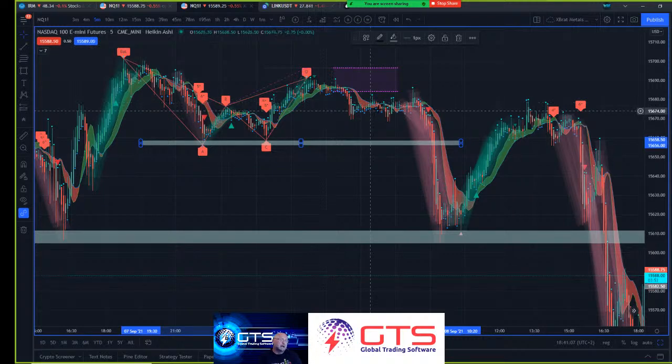So I wait for that confirmation from the divergence cloud, and this red triangle, this candle here, is our confirmation candle. We then have to take into consideration the A and the C pivot.